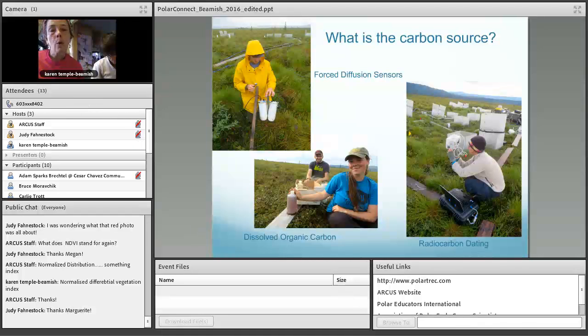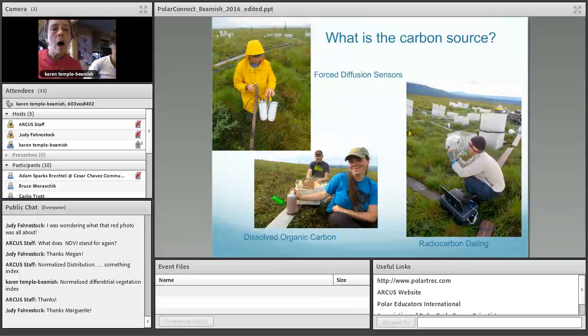In the lower left-hand corner, we've got Michael and Emily collecting water samples to understand the amount of carbon in the dissolved portion of the tundra, the water sample.